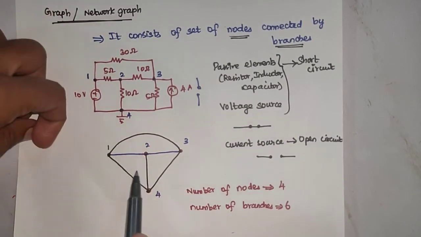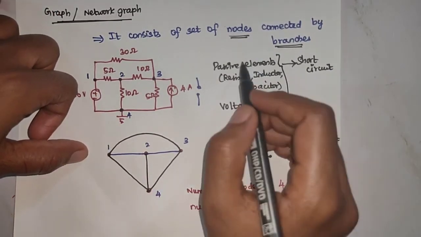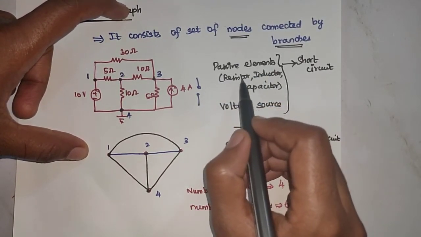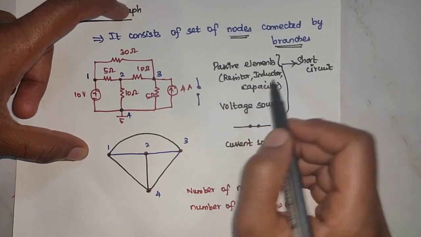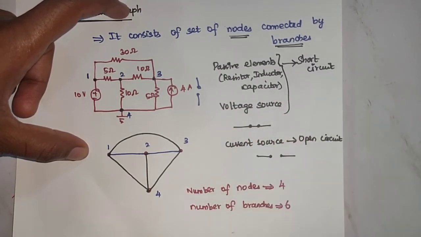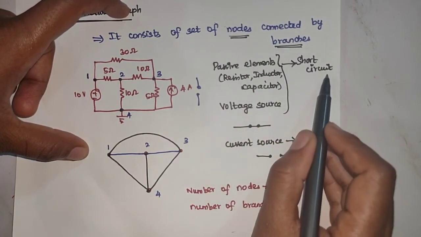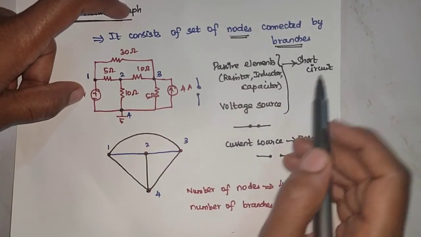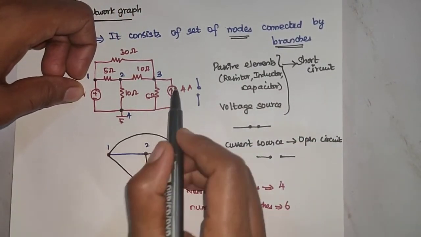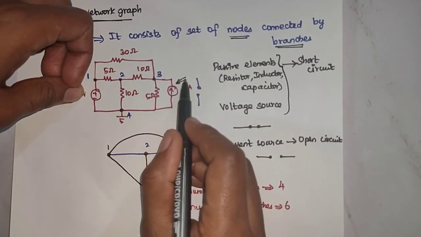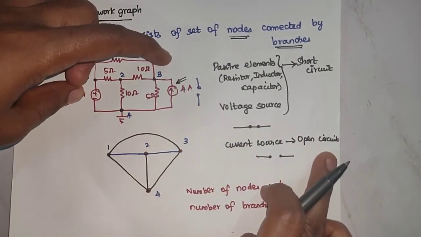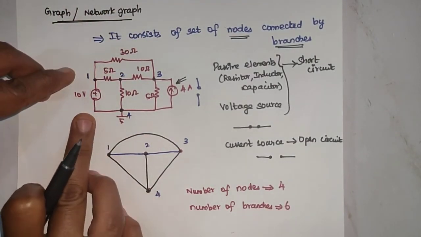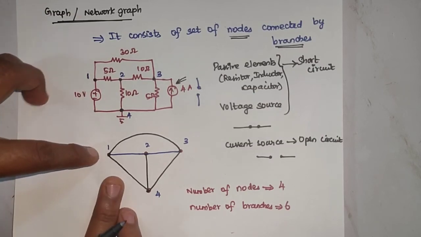For converting the electric circuit into network graph, there are some conditions. First one, passive elements, that is resistor, inductor and capacitor, should be short circuited. Voltage sources should be short circuited. Then the current source should be open circuited. We should follow these conditions for converting electric circuits into network graph.